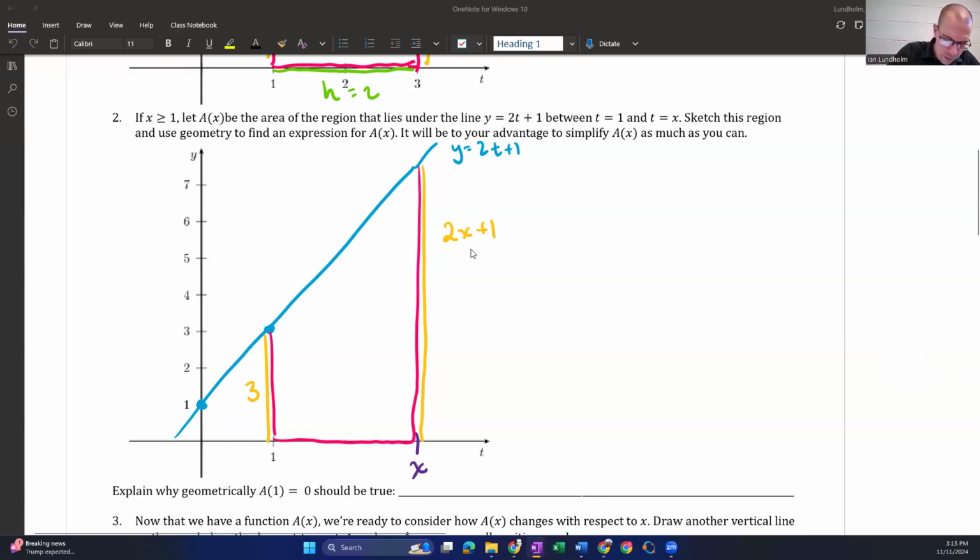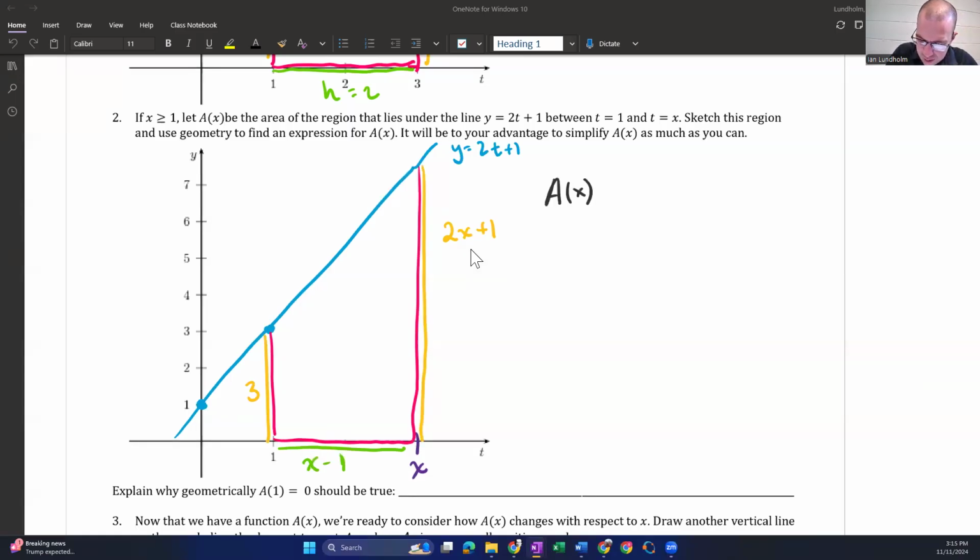And again, I guess we didn't do the bottom. The bottom height should be the difference between x and 1, so it's x minus 1 is that distance.